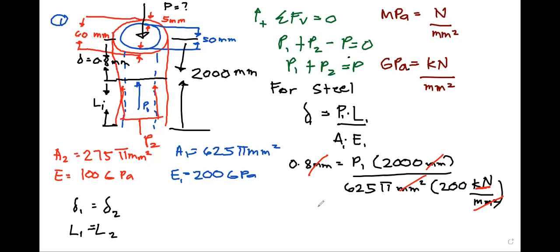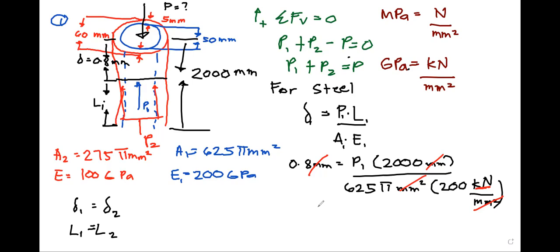So dito, solve na natin. So 0.8 is equals to applied load multiplied by 2,000 divided by 625 pi multiplied by 200.